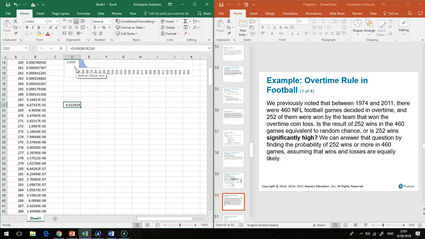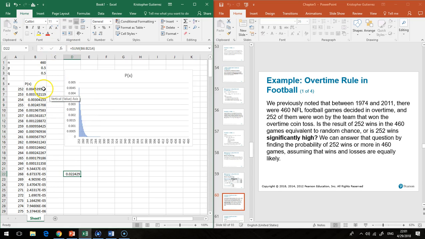So that gives us, if we add all those probabilities together, 0.02245.